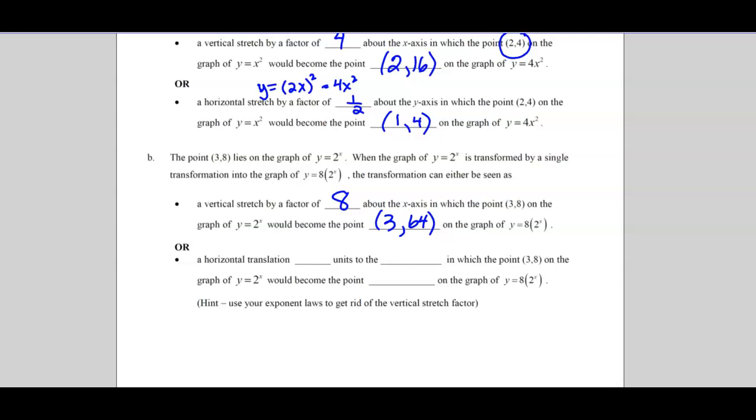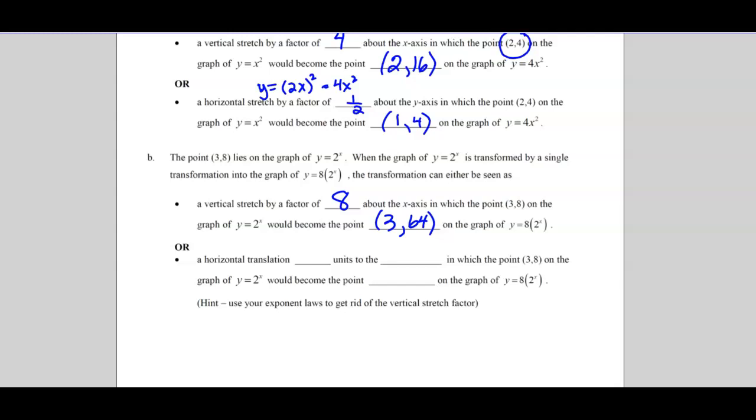Horizontal translation. So, this is your original. Horizontal translation means we add or subtract something to x. Okay, we still have to get y equals 8 times 2 to the x. So my hint is doing what we did yesterday with your power laws. How can we express 8 with a base of 2?